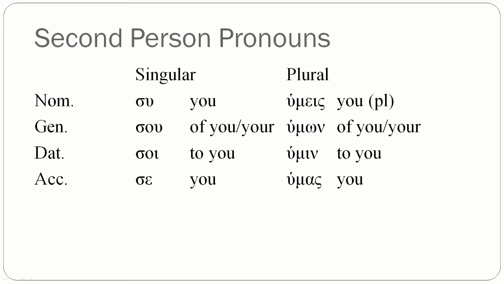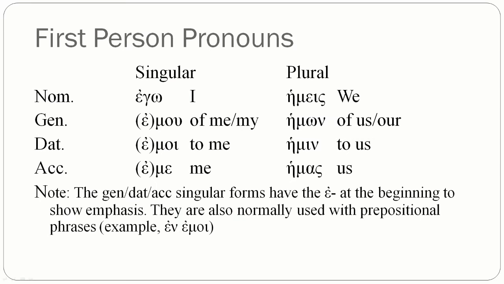The book gives you a way to memorize these, although I don't know how helpful it will be. It might just be easier to memorize the forms, but the book tells you that one way to memorize this is to look at the definition in the plurals. Because the plurals look so similar, it can be kind of easy to get them mixed up. Look at the word we in English, the nominative plural.